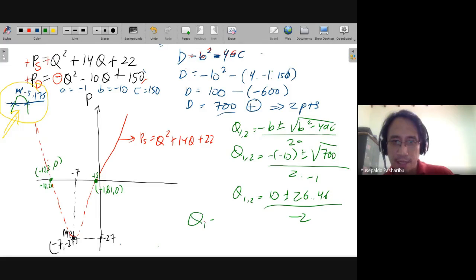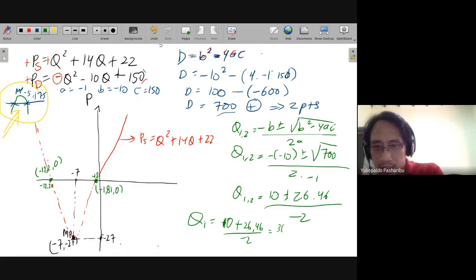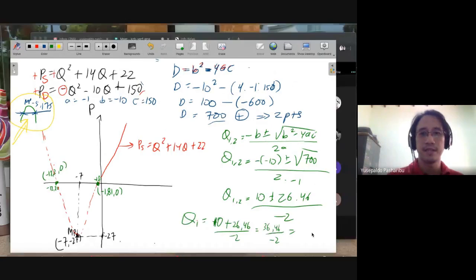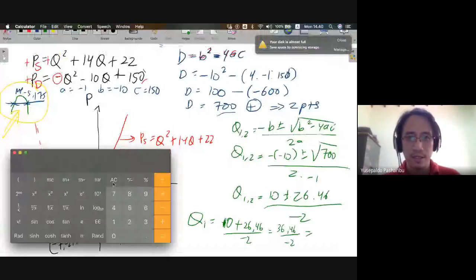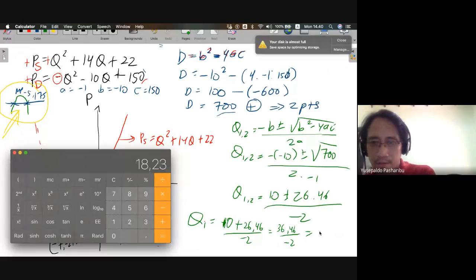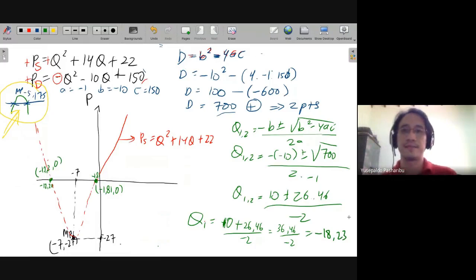So we have Q1 equals 10 plus 26.46, divided by minus 2, which is 36.46 divided by minus 2, so minus 18.23.